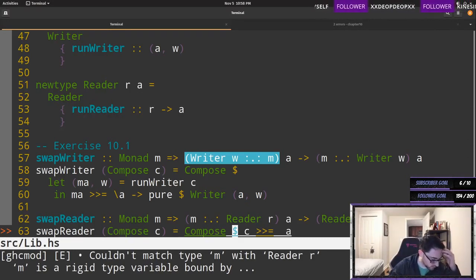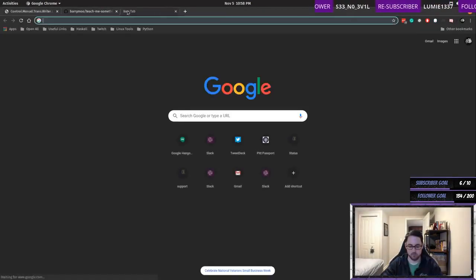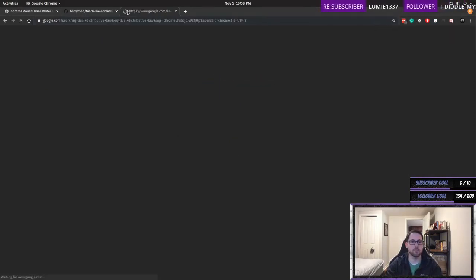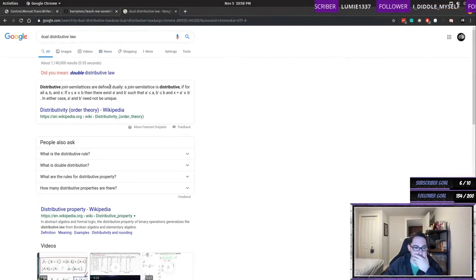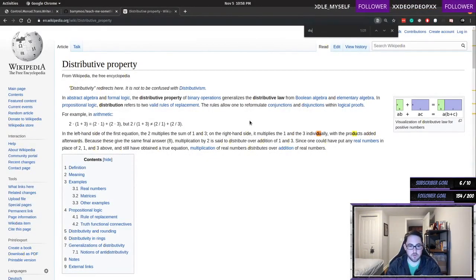Why does it say dual distributive? Does that mean I'm supposed to do it the other way? What does dual distributive mean? Is the word dual in here?